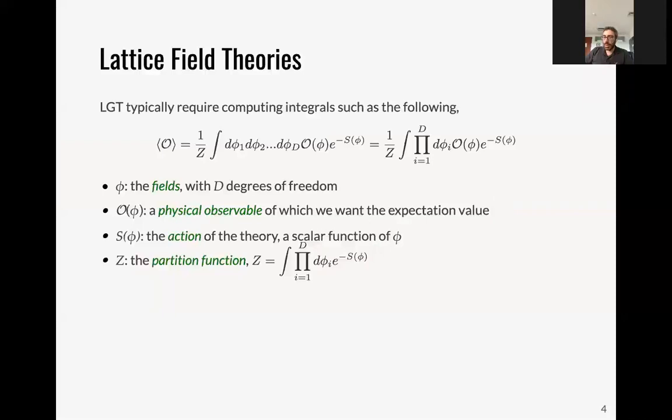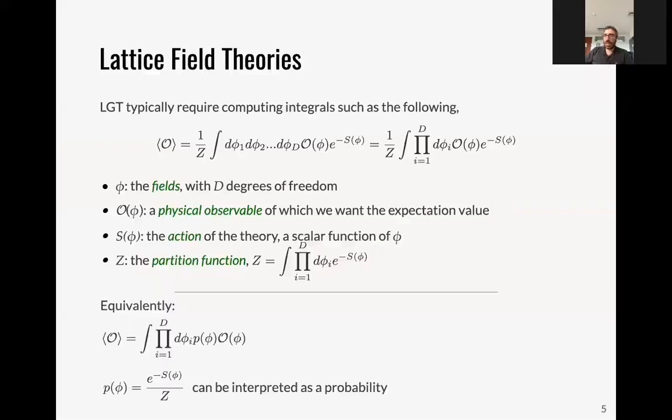That's equivalent to saying that you want to measure these observables of phi with a given probability of phi and taking the integral. So it's equivalent to interpreting the factor e to the minus S of phi over Z as a probability.